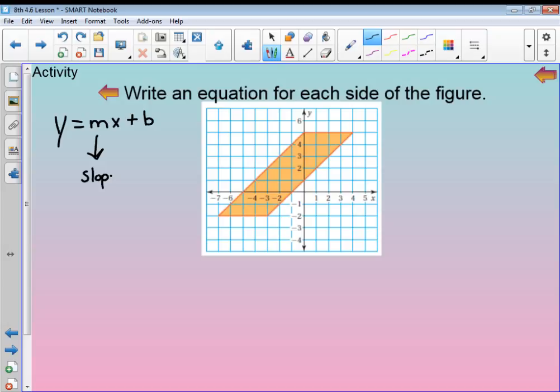Okay, and on that one, we don't have a rise or a run. We have what we would call a slope of 0. Okay, so no slope or a slope of 0.